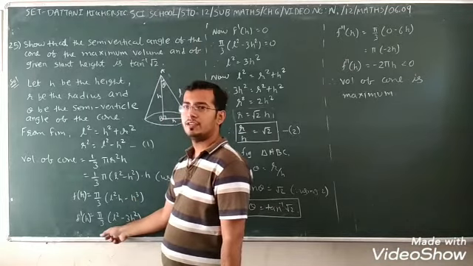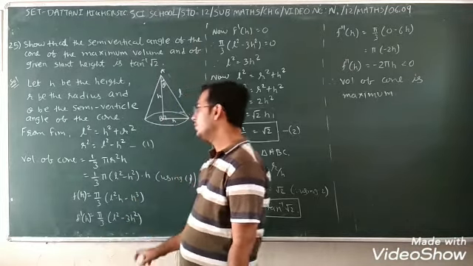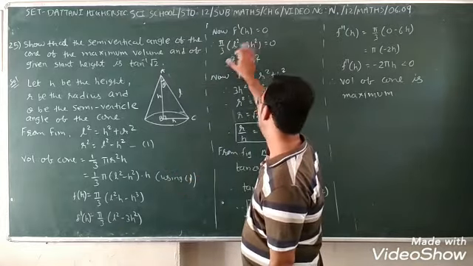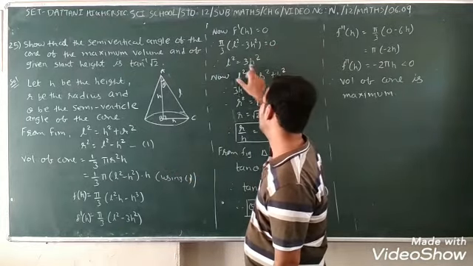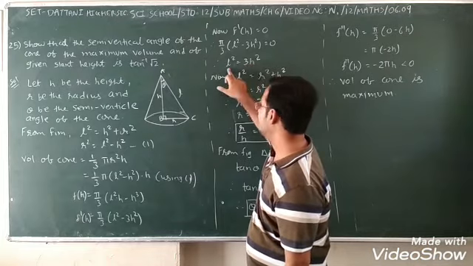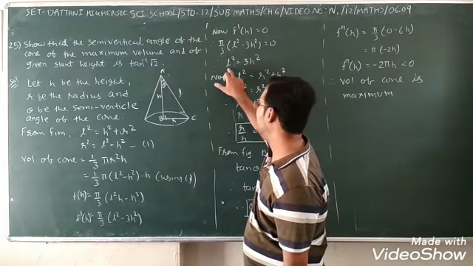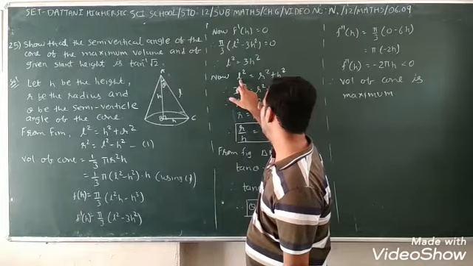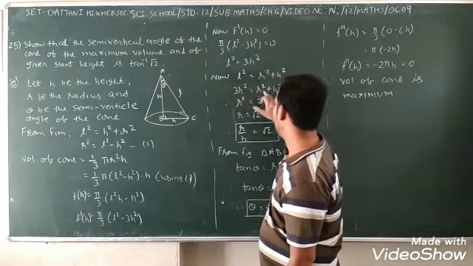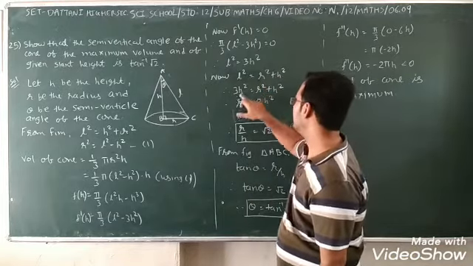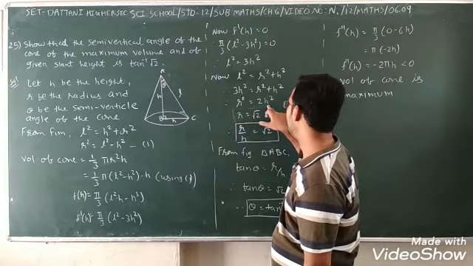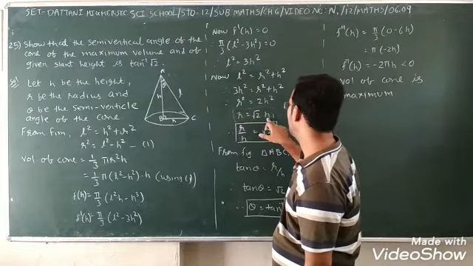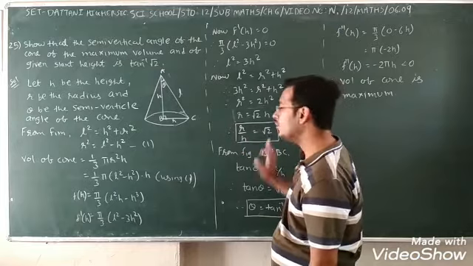Taking f dash h is equal to 0, pi by 3 side change, so becomes 0. L square is equal to 3h square. Now I want to convert L: L square is equal to h square plus r square. So put here the L square value, h square side change, so r square is equal to 2h square, r is equal to root 2 h, r by h is equal to root 2.